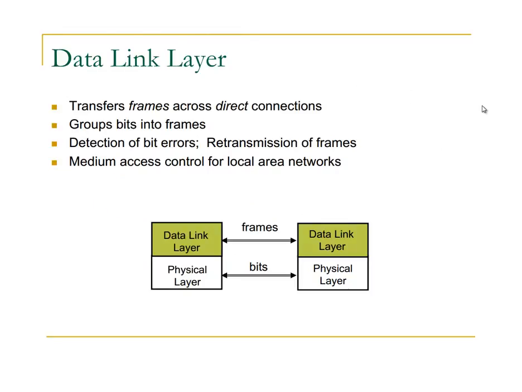The next layer, as I said, has this requirement to ensure that my transmissions are successful over that one hop. Also, medium access control, so that not too many people talk on it simultaneously. So here, this data link layer is going to create entities called frames. These frames are essentially the unit, you can think of them as packets, but as they apply to the data link layer.